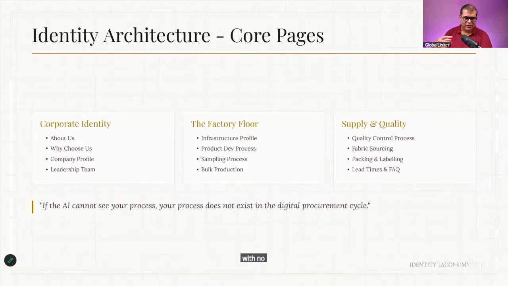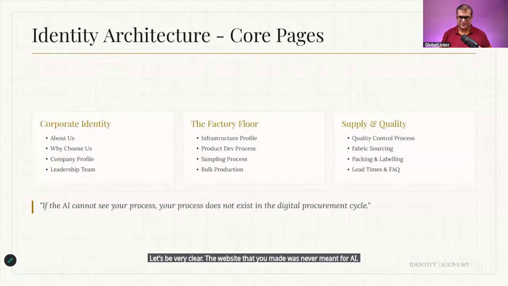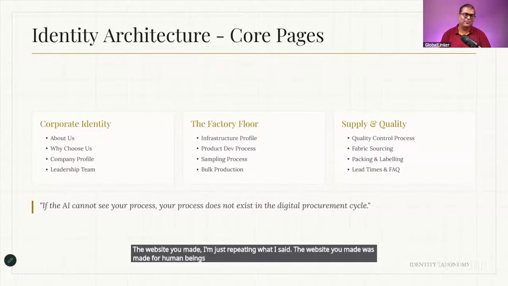I hope it gives you clarity. Let's be very clear: the website that you made was never meant for AI. Correct me if I'm wrong. The website you made was made for human beings. It was never made for AI.